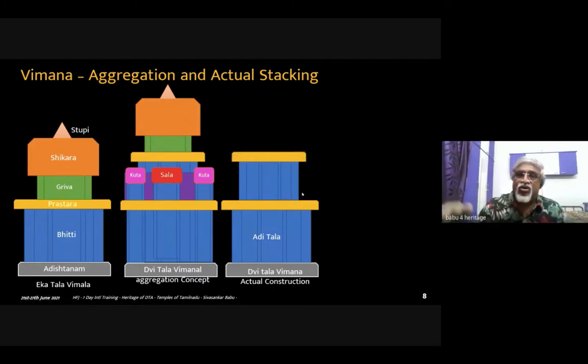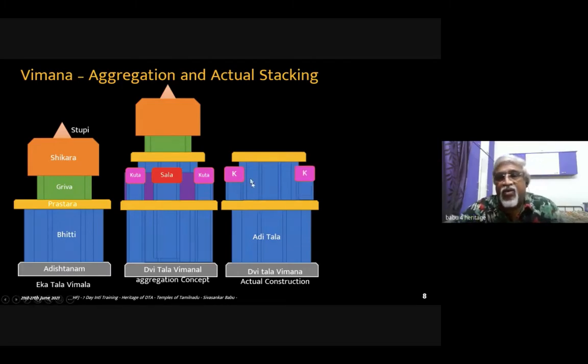And it is closed at one level or left open in between, but outer you have the building. Then you put only the crown parts, the shikara and the small harantara.